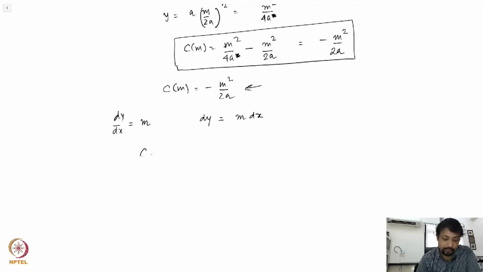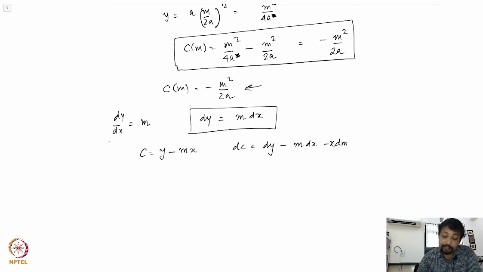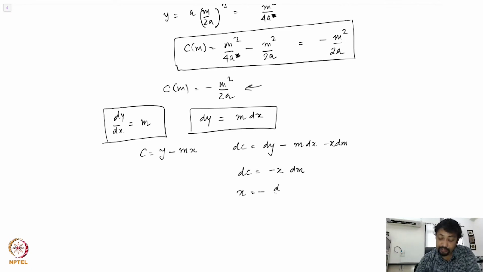Now c is equal to y minus mx, so that dc is dy minus m dx minus x dm. But dy is m times dx. This is what we have got from the definition of the slope, and therefore it follows dc is minus x dm, or x is minus dc dm.